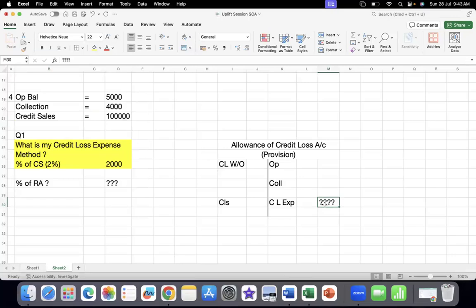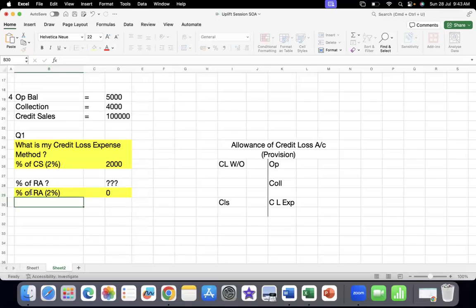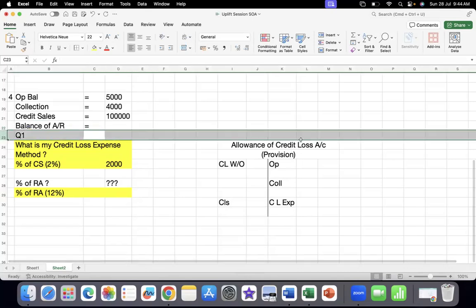But in the second scenario, the company is not using the percentage of credit sales, it is using the percentage of recoverable amount or receivable amount. So in that case, the answer you get by this multiplication is the percentage of recoverable amount or receivable amount. Let's say it is 12%. For that, the question would always give you the balance of accounts receivable, because without that the calculation is not possible.